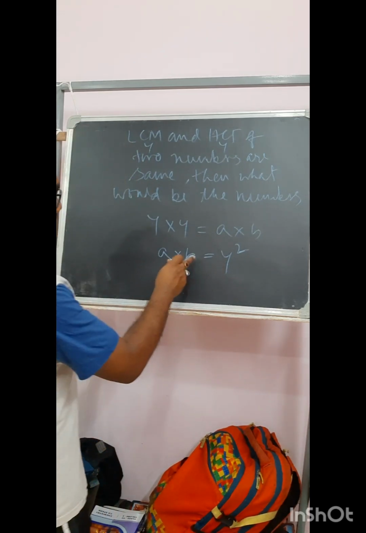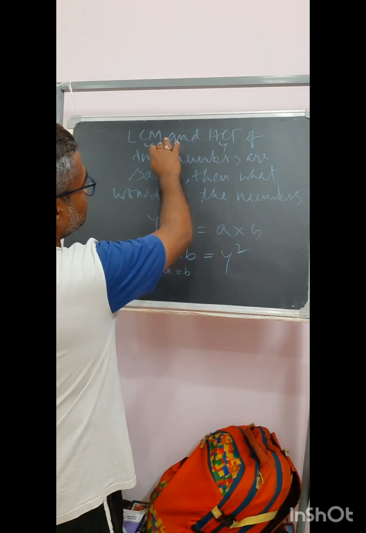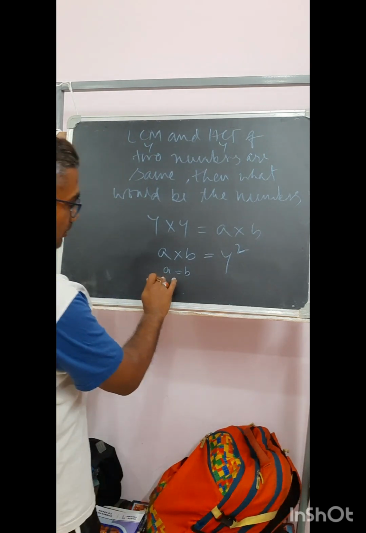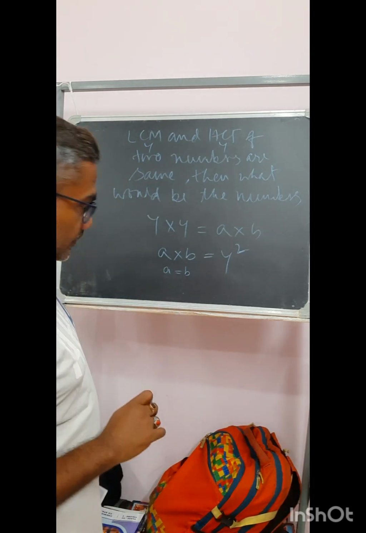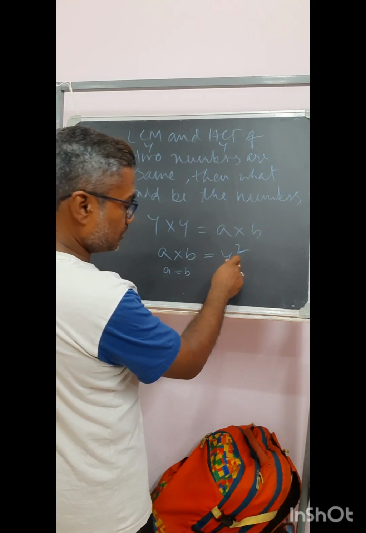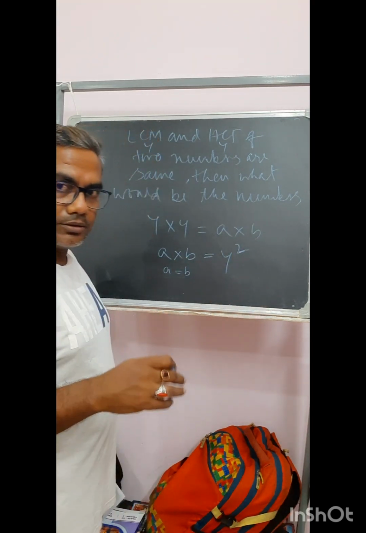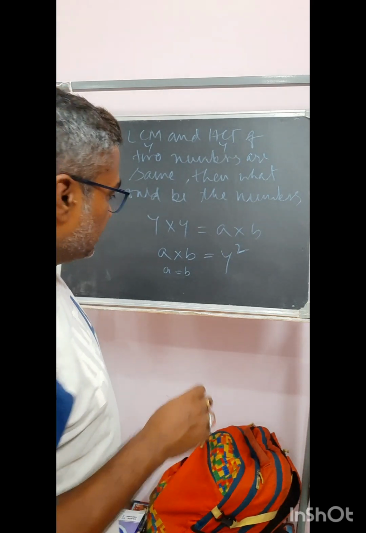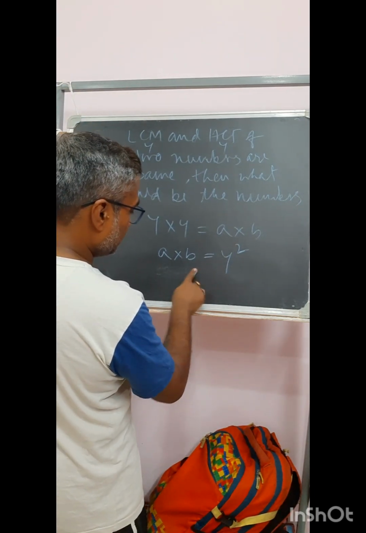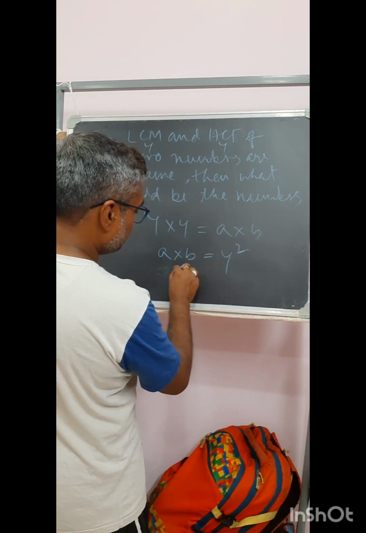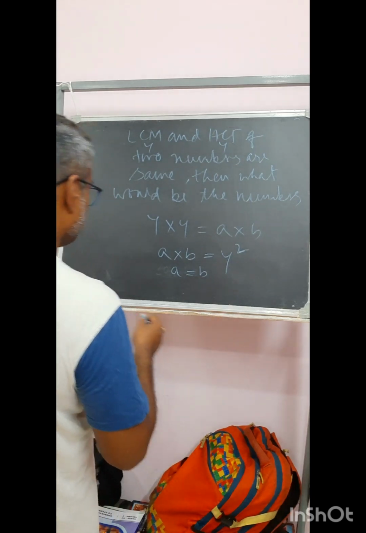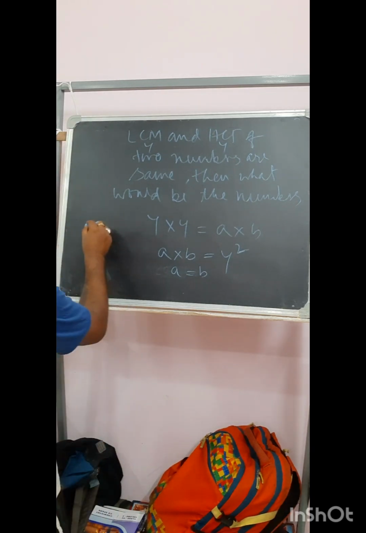So the numbers for which the LCM and HCF are the same must be equal. Otherwise, two numbers multiplying to a y square, it cannot be achieved. Okay, so a and b, I have to take y. Let's say one numerical example I have taken.